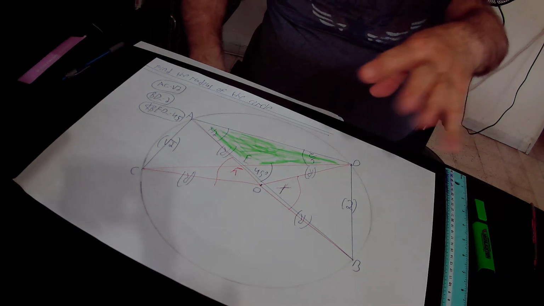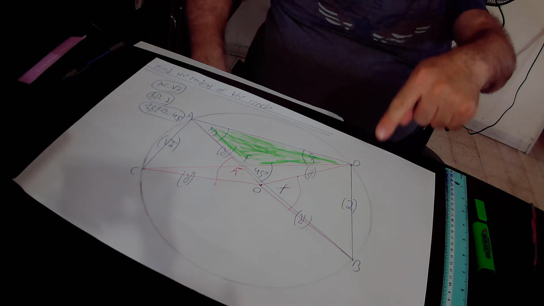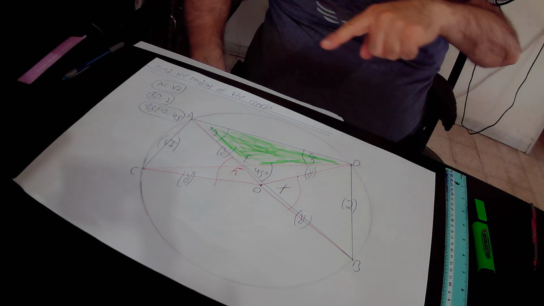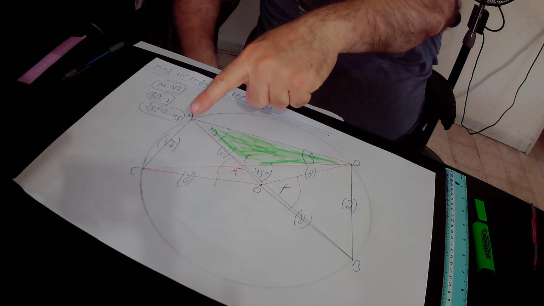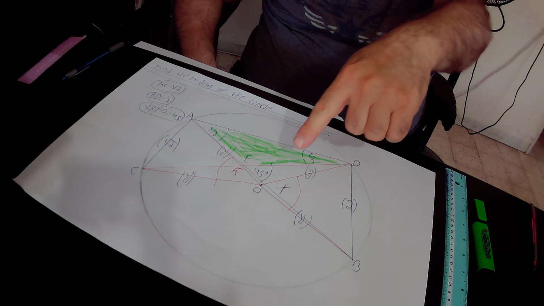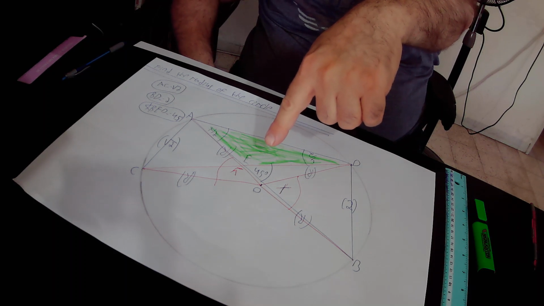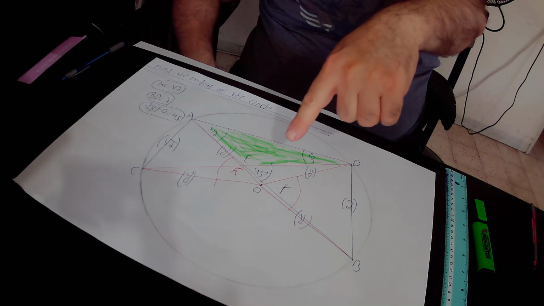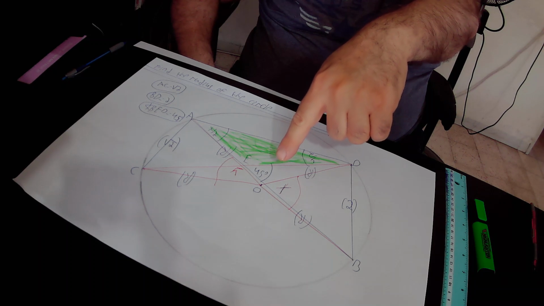In the drawing, we have a circle. We know that chord DB equals 2 units in its length. Chord AC equals the square root of 2 units in its length. This is the angle DEB. The size of this angle DEB is 45 degrees.